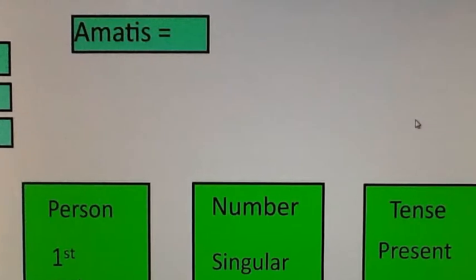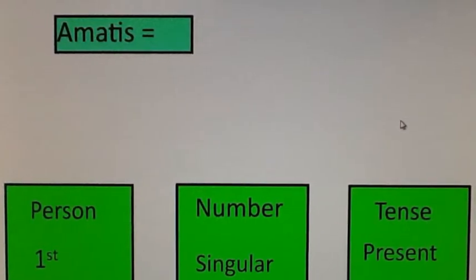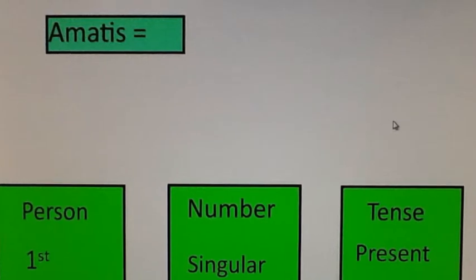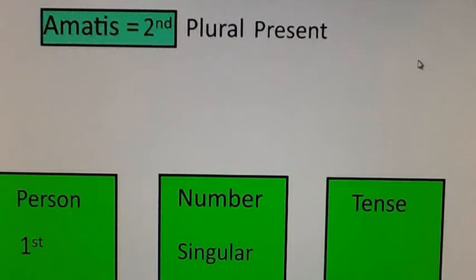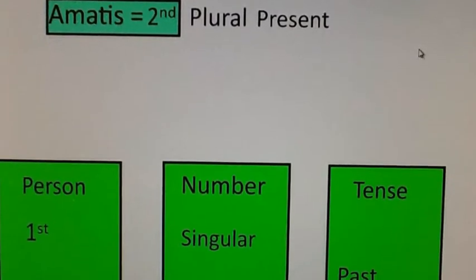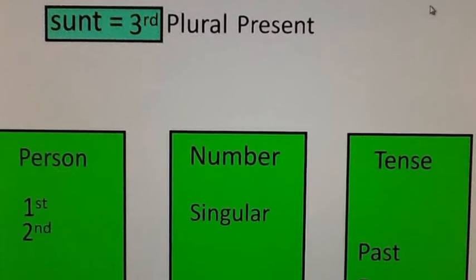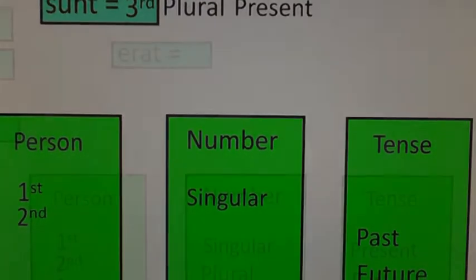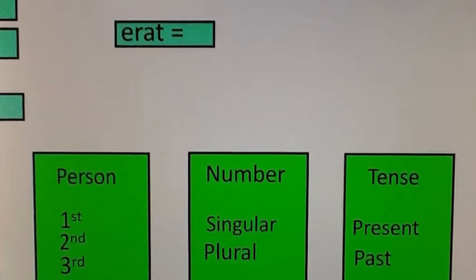Anytime you see a verb, you want to ask yourself, what's the person, number, and tense of this verb? So if you're looking at amatis, the tis tells you that it's second person plural and it's also present. Sunt is third person plural and present. They are. And if you know your vocabulary, this is from lesson 4.